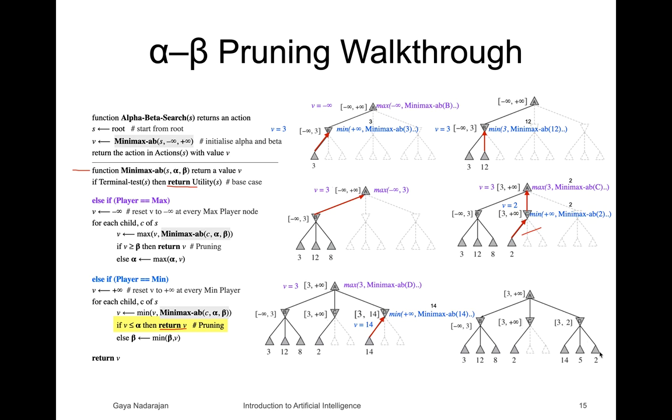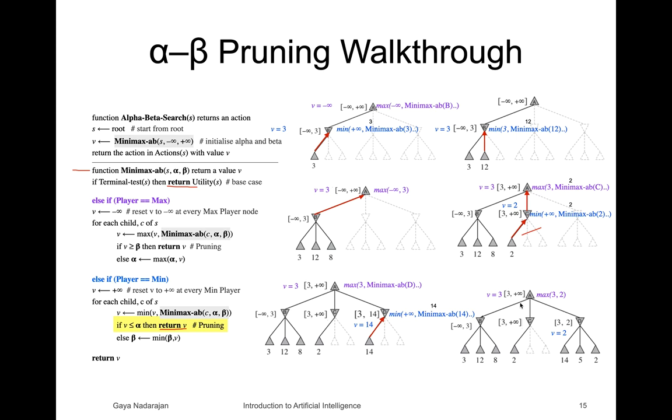And finally it goes to this node and it sees that it's 2, and 2 is also smaller than 5, so V is going to get the value of 2, okay? And beta will be updated to 2 as well, with the same logic. And finally, since we're done with all the children, it's just going to return V, okay? And V is 2 in this case because it has processed all 3 nodes.